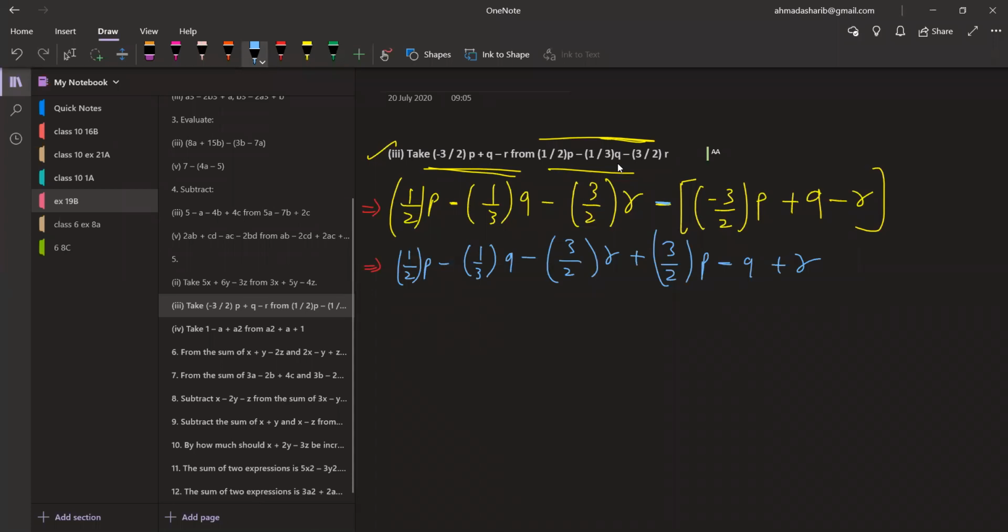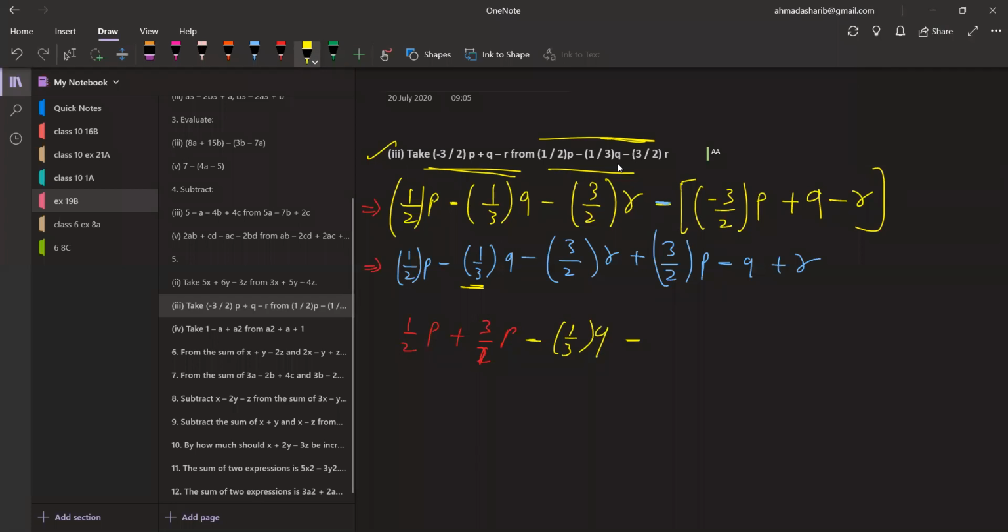Okay, now write like terms with each other. So I will write 1 upon 2 p plus 3 upon 2 p, with each other, then the q terms, minus 1 upon 3 q and then minus q, sorry, this is q not p.